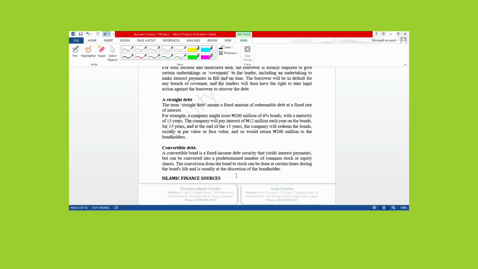In the last assignment I gave, a few students were confused. Should we treat preference shares as part of equity or debt? Is it short-term finance or long-term finance?